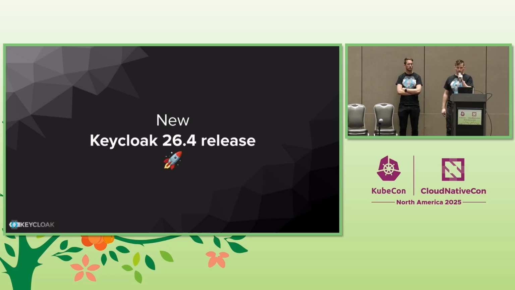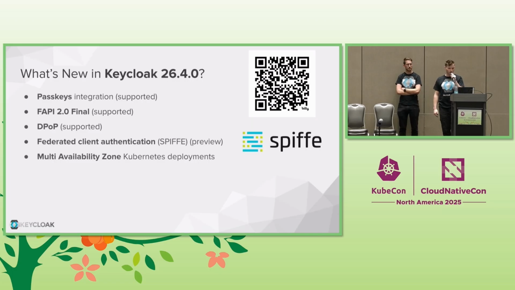Yeah, it's a maintainers' talk, so we can cover even the most recent release, which is Keycloak 26.4. On the QR code there, you can find the full changelog. But some highlights: there is the passkeys integration for passwordless authentication. There's support for Financial-grade API version 2.